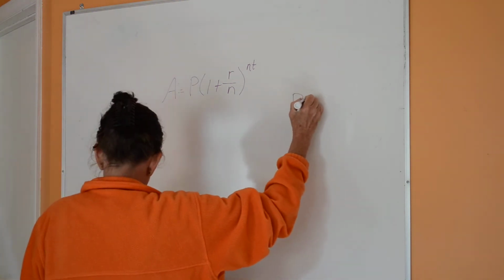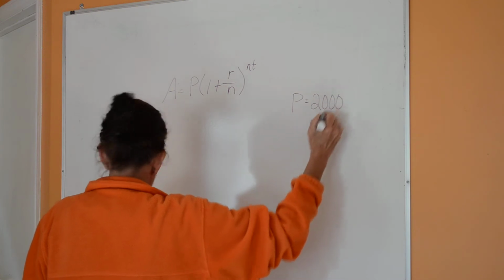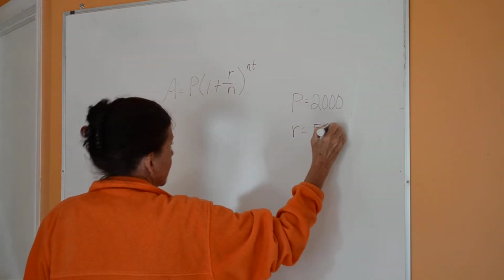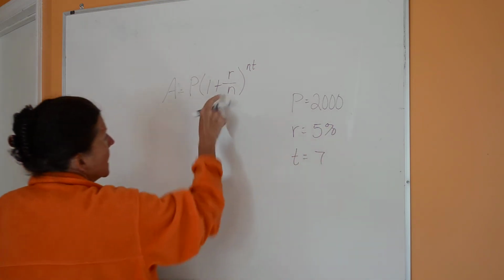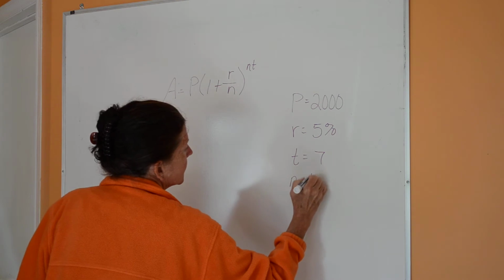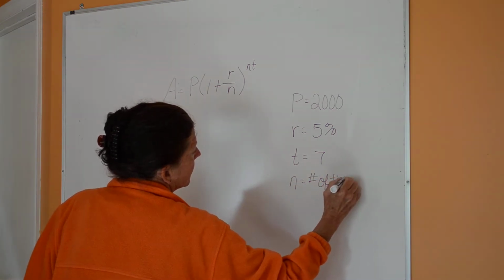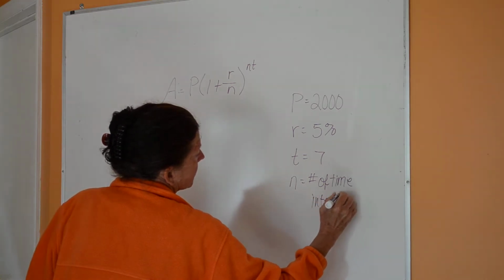In this particular case, P is equal to 2,000. He's investing $2,000 at a rate of 5% for a time of 7 years. Now the N here is the number of times interest is added.